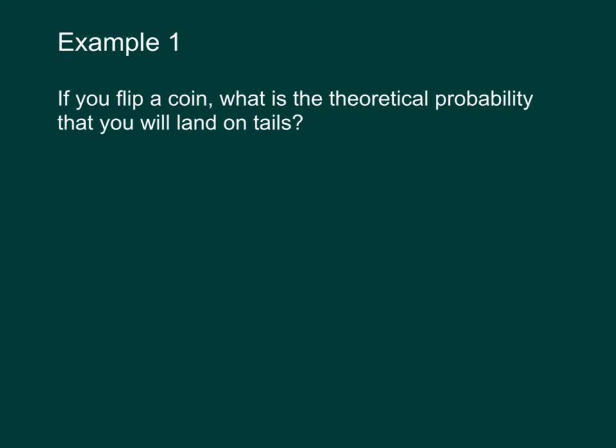Using our coin toss as our first example, let's look at the theoretical probability that we will land on tails. I've already said that it's 1 out of 2 or 50%, but let's look at why. I'm going to abbreviate landing tails as just a lowercase t. The probability of getting tails: if you flip a coin, there's only one way you can get tails. So that is the number of favorable outcomes.